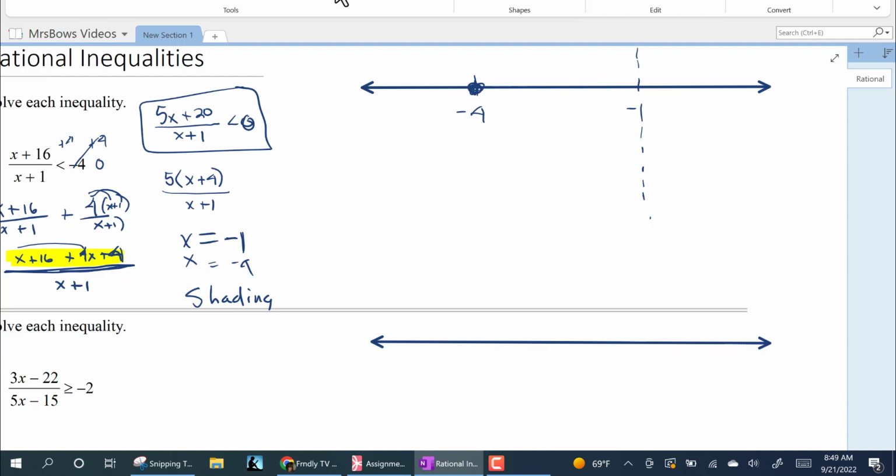And notice, because this is less than, when we do the domain values, there are all 3 regions, so there's this area of the number line, there's this area, and there's this area. And those are the intervals, not regions, intervals.